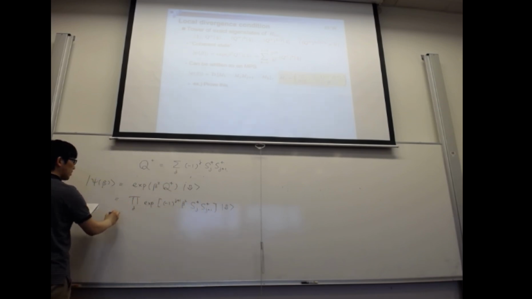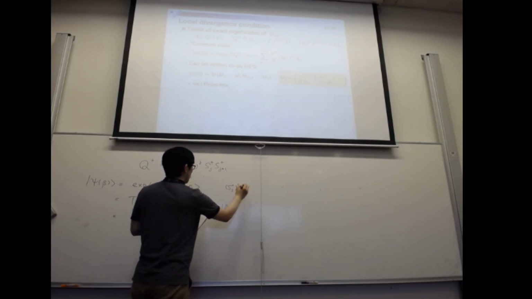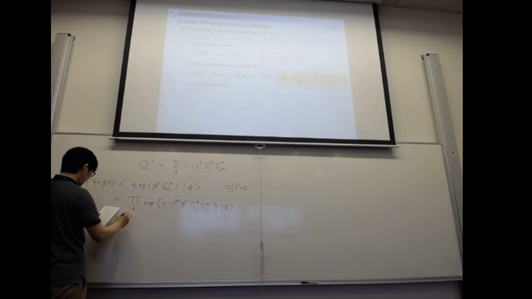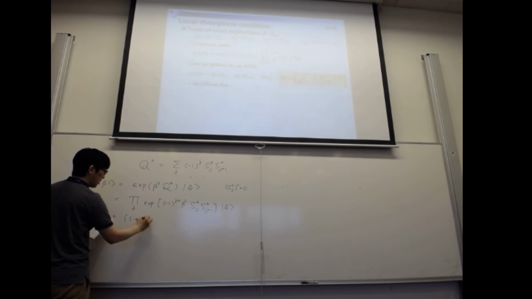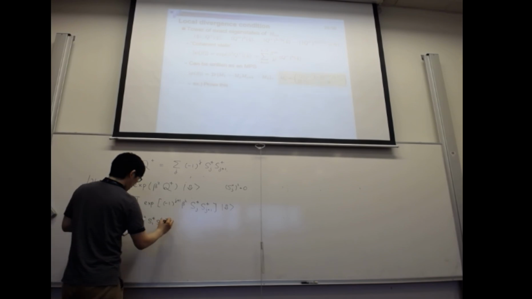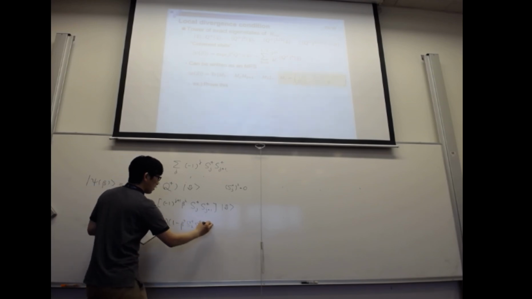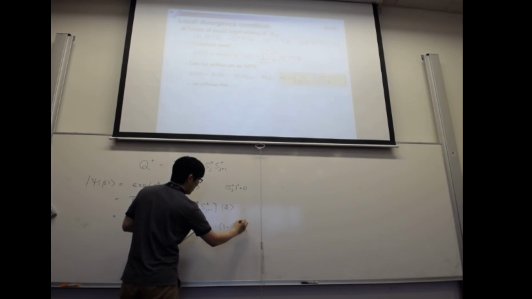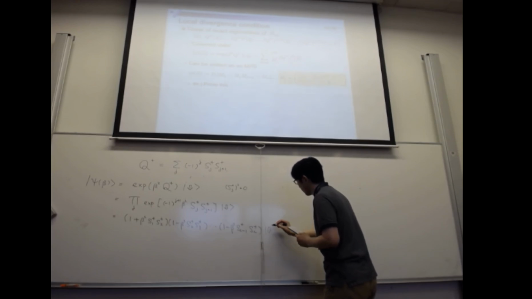And then, because (S^+)^2 is 0, it looks complicated, but you can avoid using the exponential and just get this, right? When j equals 1, this is just plus 1, so you have 1 plus beta S_1^+, then 1 minus beta S_2^+, then 1 plus beta S_3^+, and so on, 1 minus beta S_L^+, and they act on the all down state.